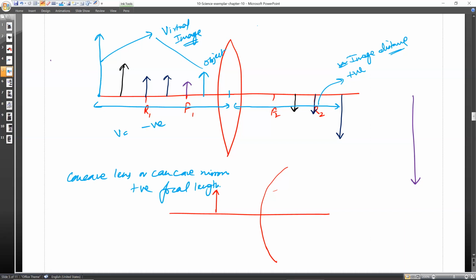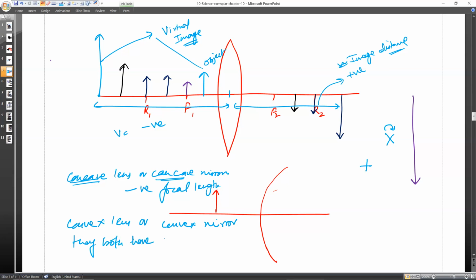Sorry, for concave mirror we have negative focal length. Whether it is a concave mirror or a concave lens, both have negative focal length. And whether it is convex, you can say, if you tilt it this way, you will get a positive value. So if we have a convex lens or convex mirror, they both have positive focal length.